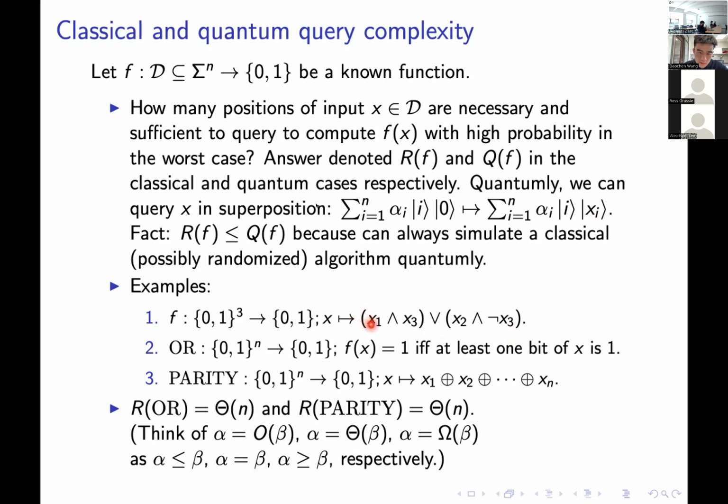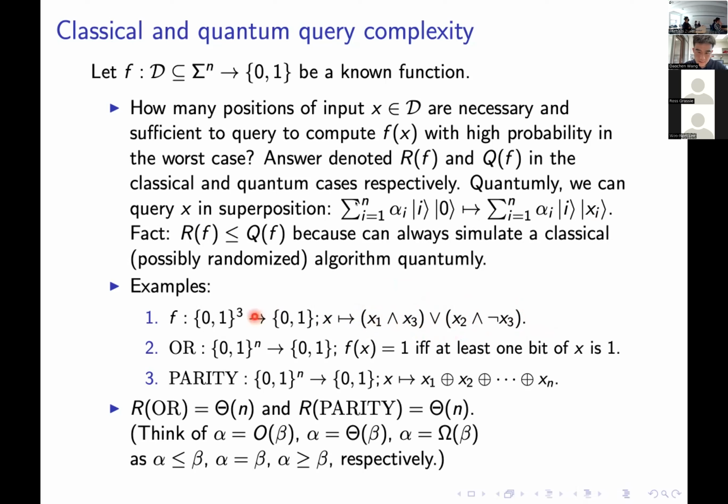What you would do is you first query x3. If x3 turned out to be 1, then the second part of this formula won't come into play because not x3 will be 0, so the second part gets zeroed out. Then you only need to look at x1 to determine what f is. So that only takes 2 queries. Likewise, if x3 is equal to 0, you don't need to look at the first part, and you only need to query x2.